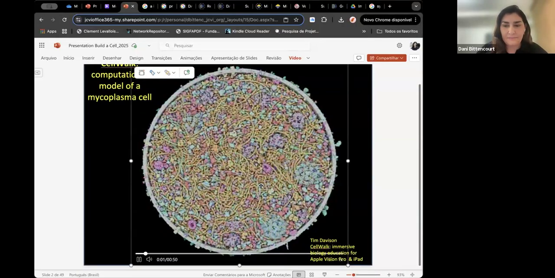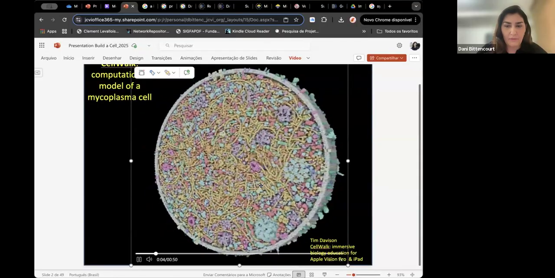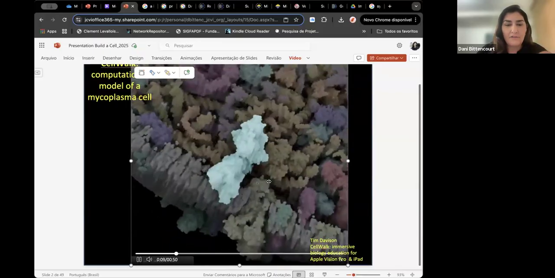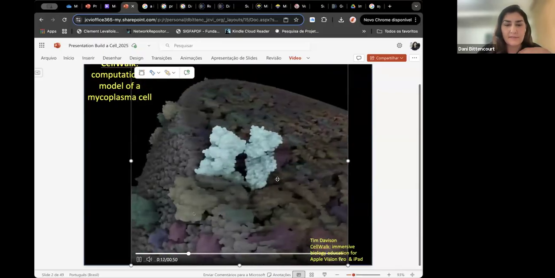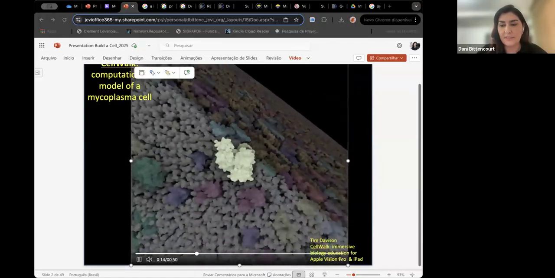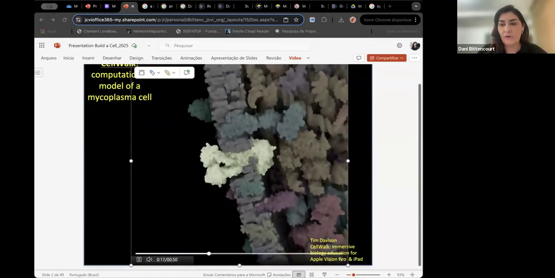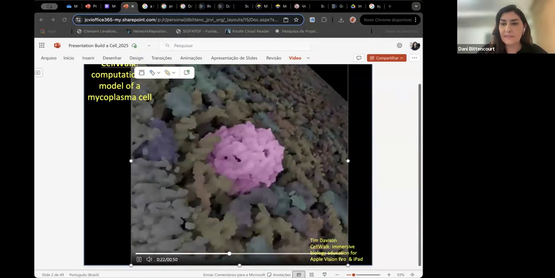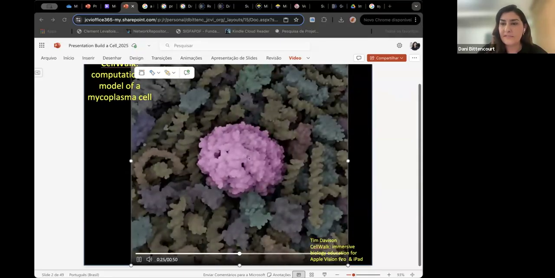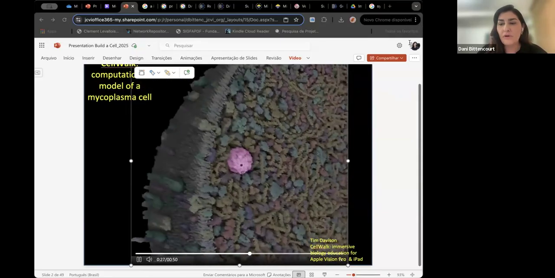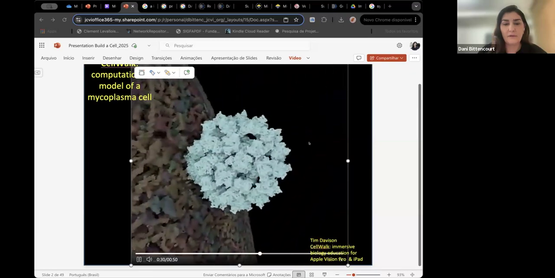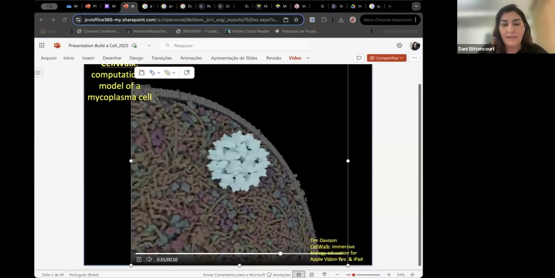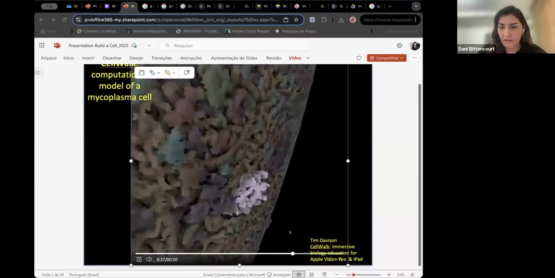If you see here, we can realize that there are a lot of different proteins and transporters like these ones, which are very important for the whole control of the cell, mostly for osmotic control and also for the interactions of the cell with the external environment.